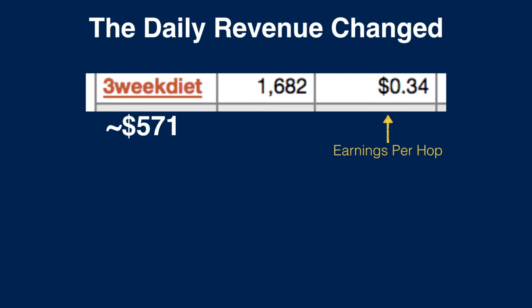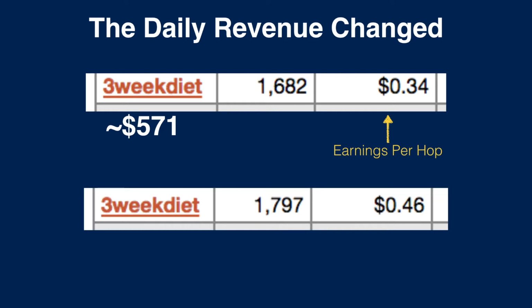So that's the average of how much I'm making. After I changed that ad, I started making 46 cents per click. That's earnings per hop. Again, that went from 571 to 826.